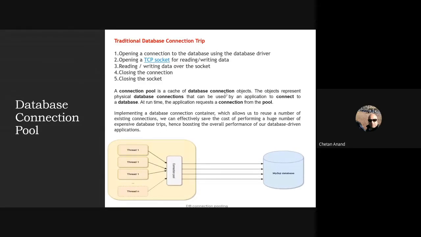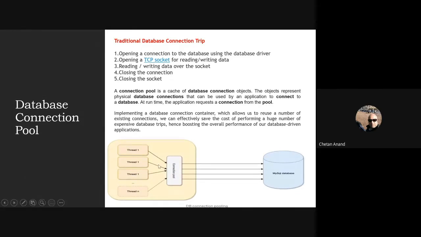I will show you the performance of a typical database transaction versus one done through the connection pool. It's a tremendous difference. So the database pool is nothing but a cache of database connection objects which you will be using.